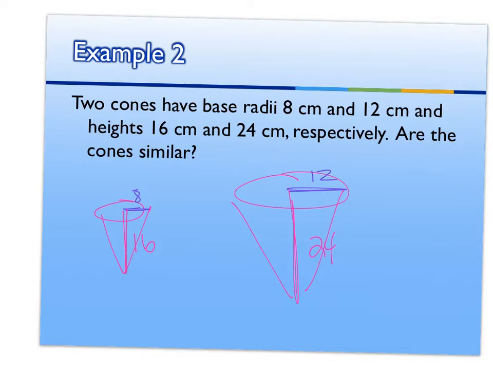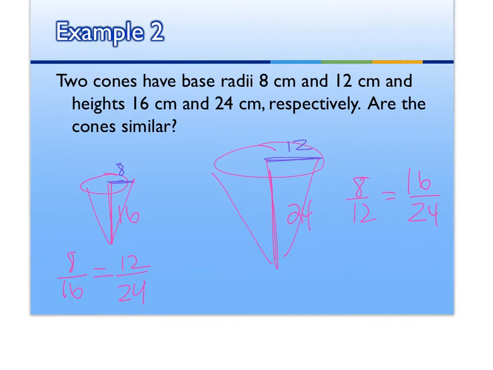So I can either go radii to radii, height to height. I could say 8 to 12 has to equal 16 to 24. Or I could go radii to height and radii to height.